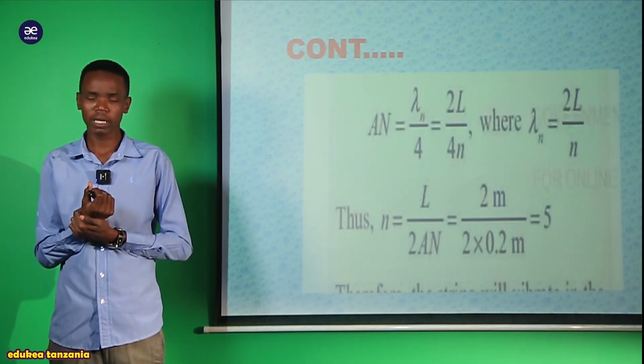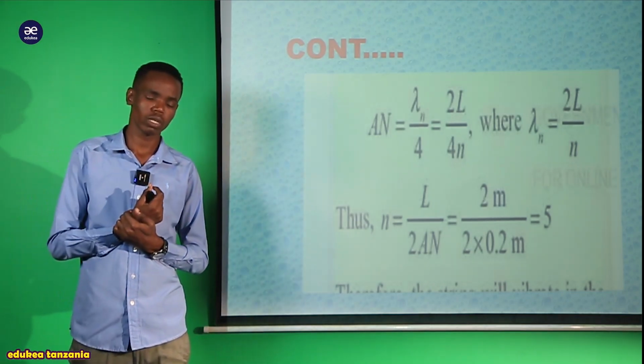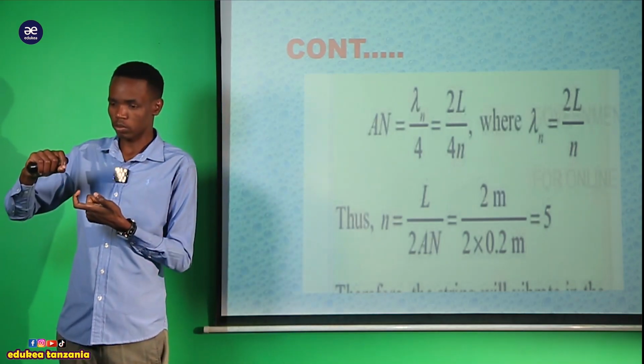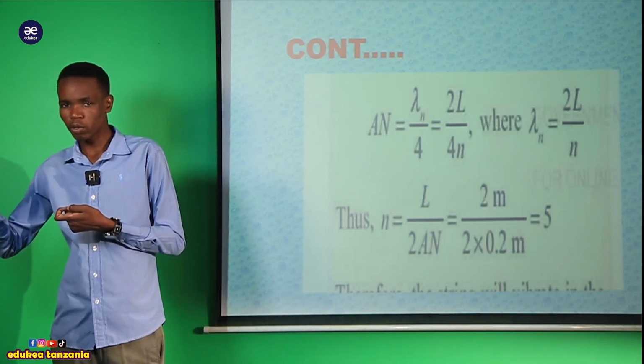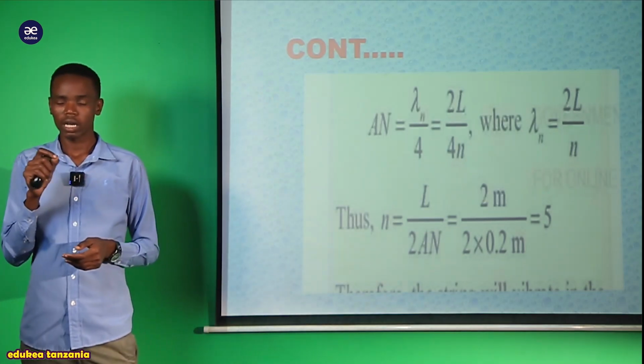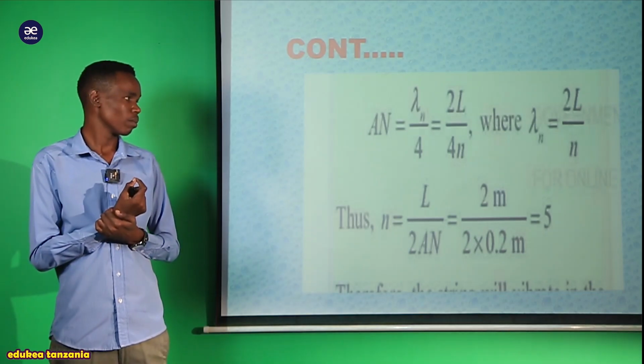We express the distance between the antinode and the node by saying that it is equal to the wavelength of the nth harmonic divided by 4. So our formula will be AN = λn/4.